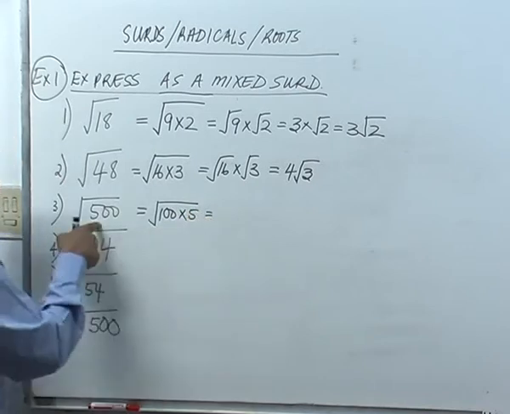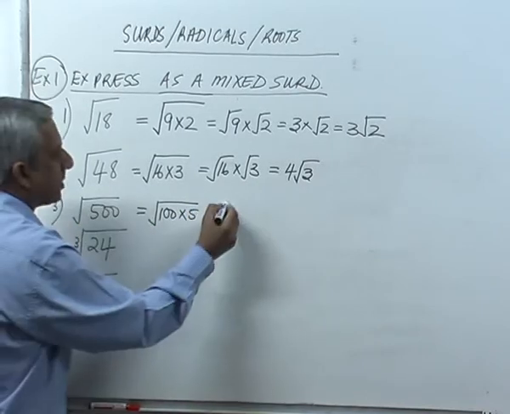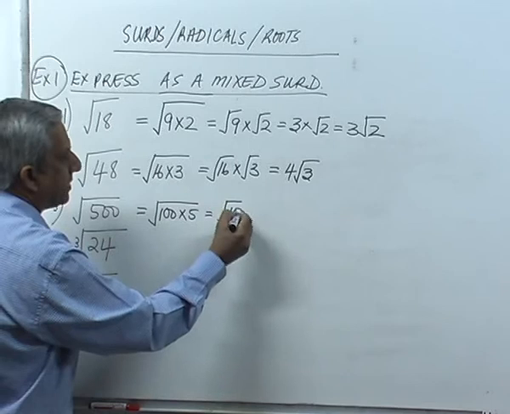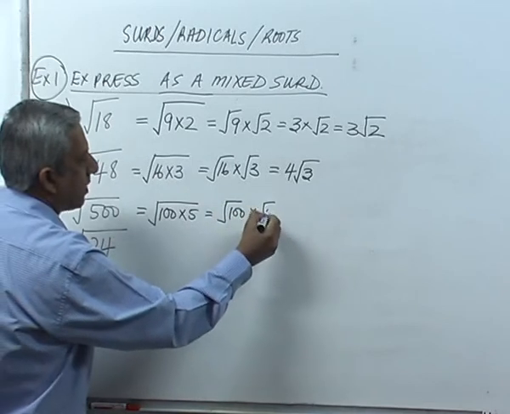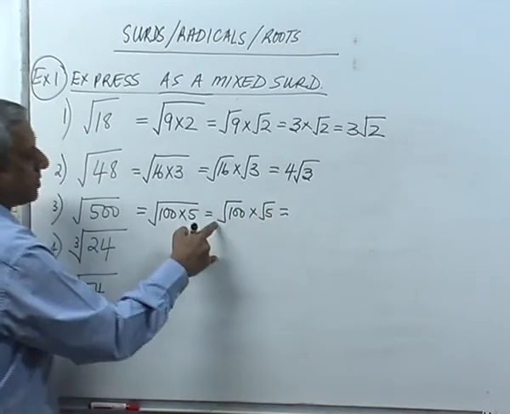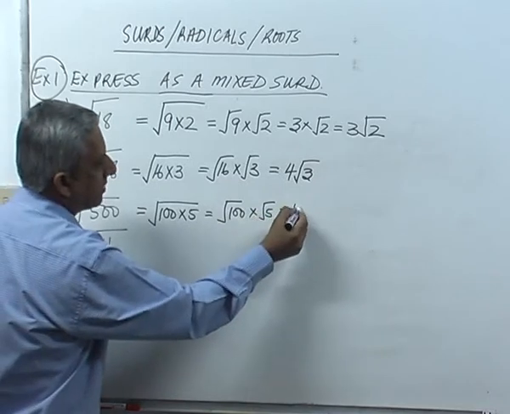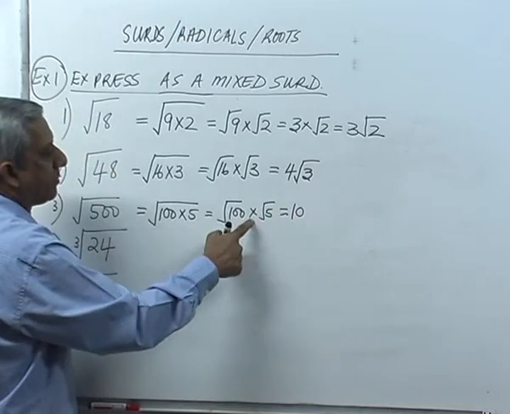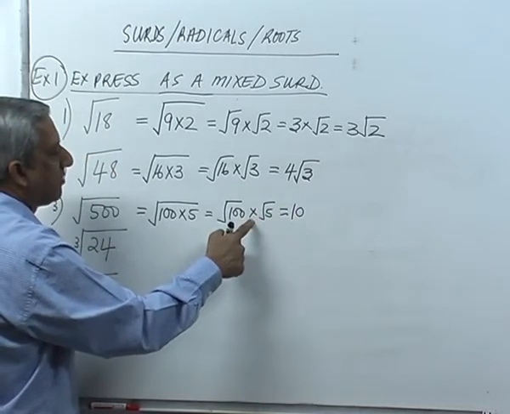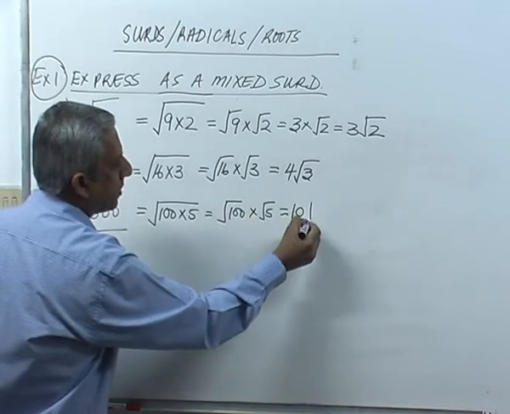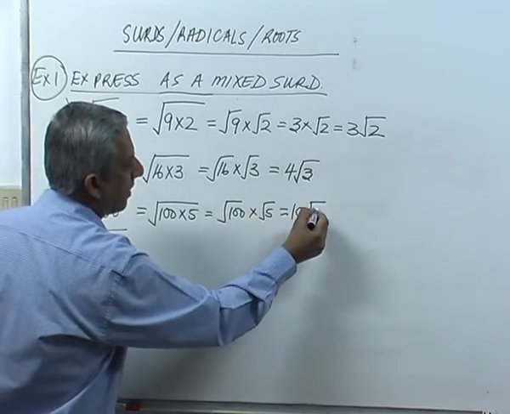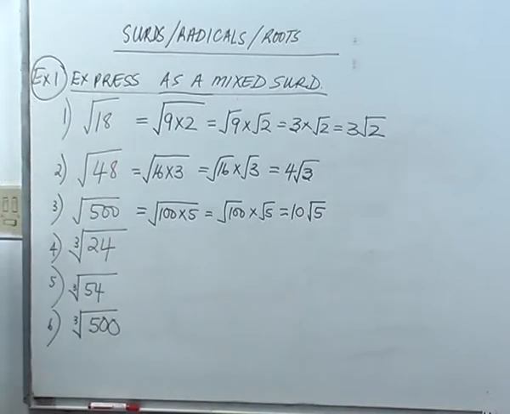So 100 times 5 gives me 500. So that will become square root of 100 times square root of 5. Square root of 100 is 10. I don't have to write the multiplication sign, so I leave that out. And next to it, root 5. So that's 10 root 5.